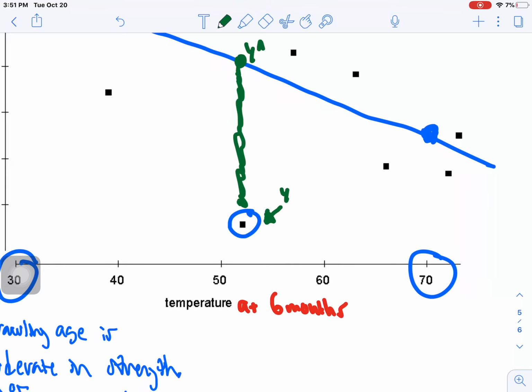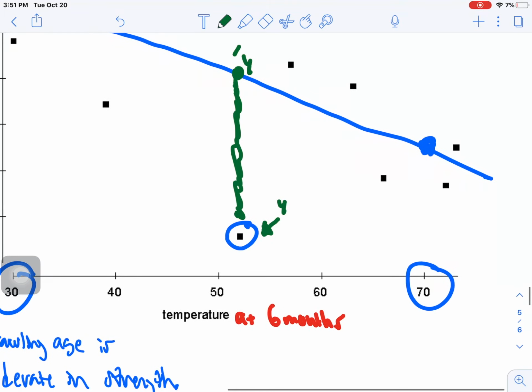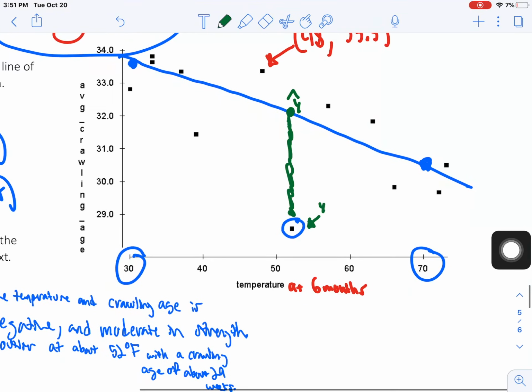So over here we have a y hat. This is a y hat. And that predicted value is higher than what actually happened. And this is what a negative residual means.